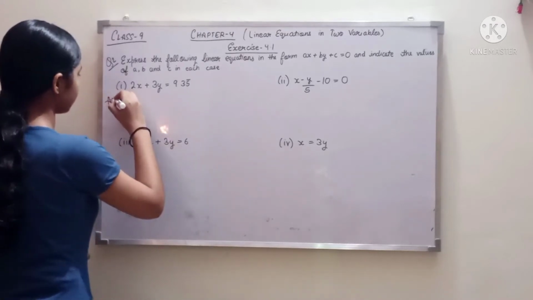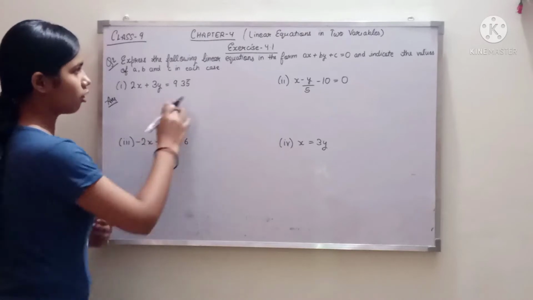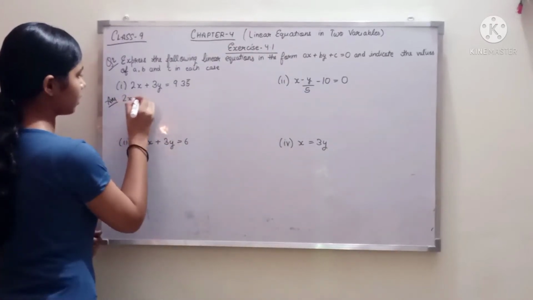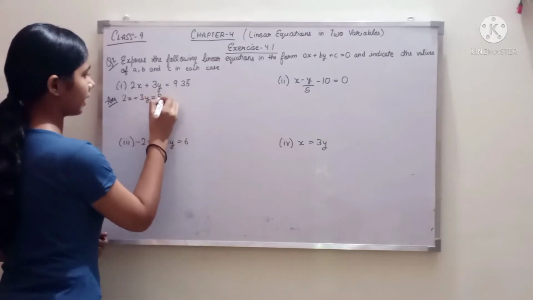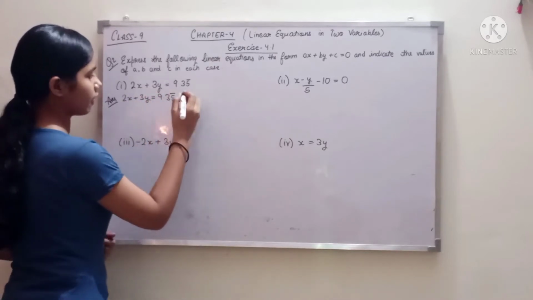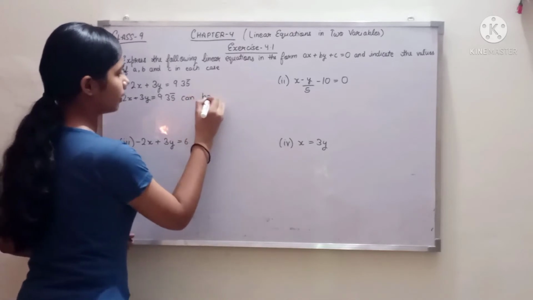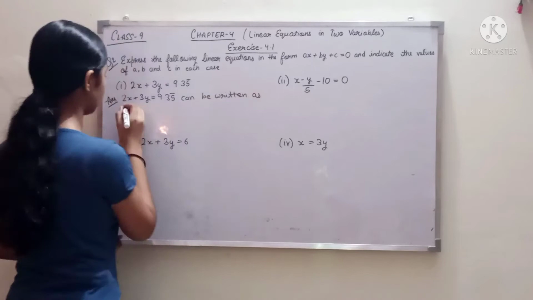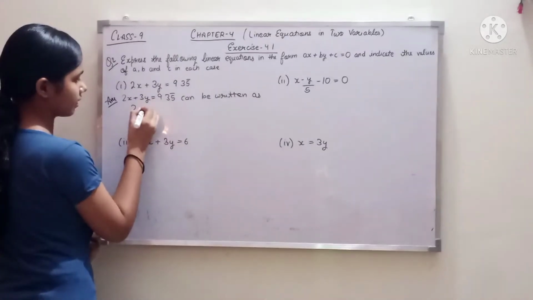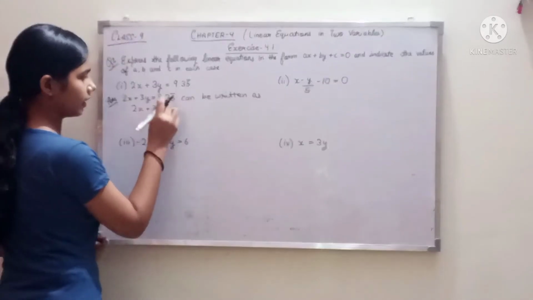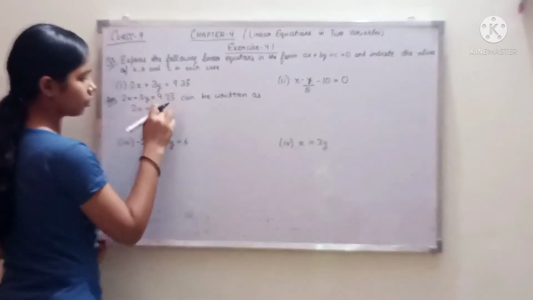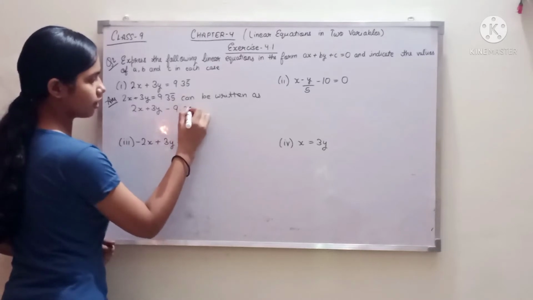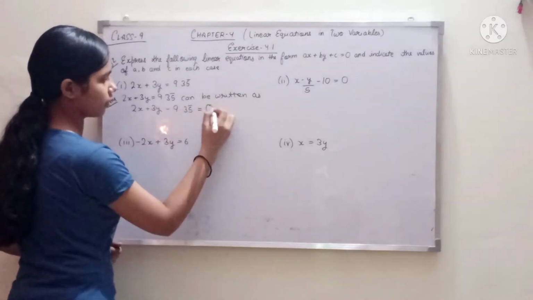How can we write it in the form of ax plus by plus c is equal to 0? 2x plus 3y is equal to 9.35 can be written as 2x plus 3y, here it is positive, so on this side negative, minus 9.35 is equal to 0.